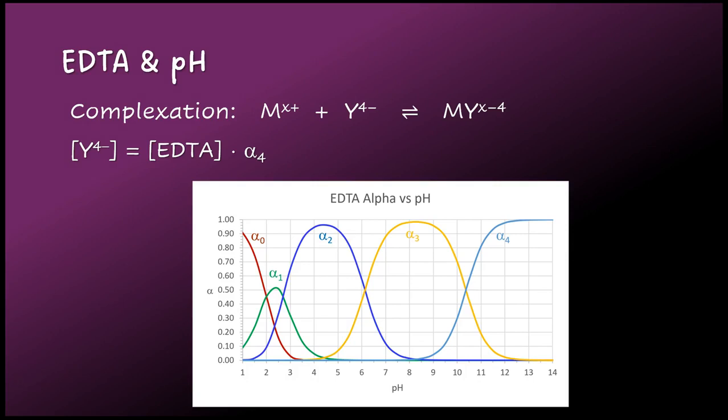The species Y4- corresponds to the alpha fraction alpha 4, also noted elsewhere as alpha Y4-. If we know the pH of the reaction, we can use alpha and the analytical concentration of EDTA to obtain the molarity of Y4-. This makes it much easier to set up our calculations.